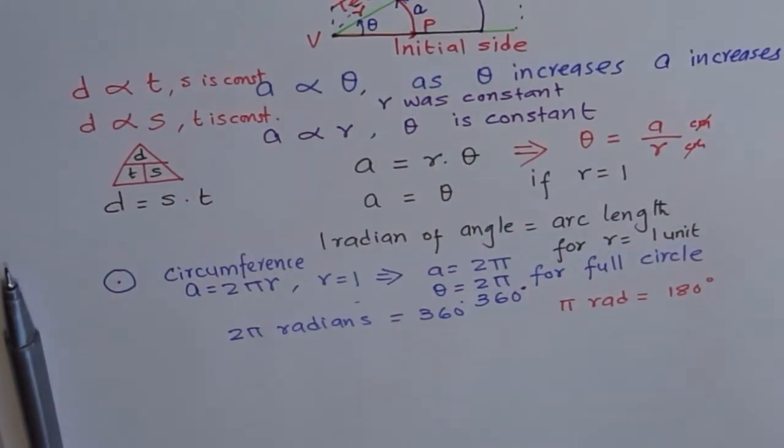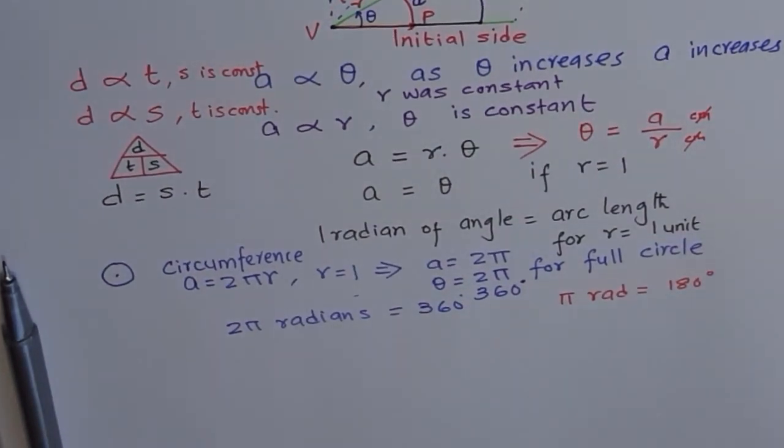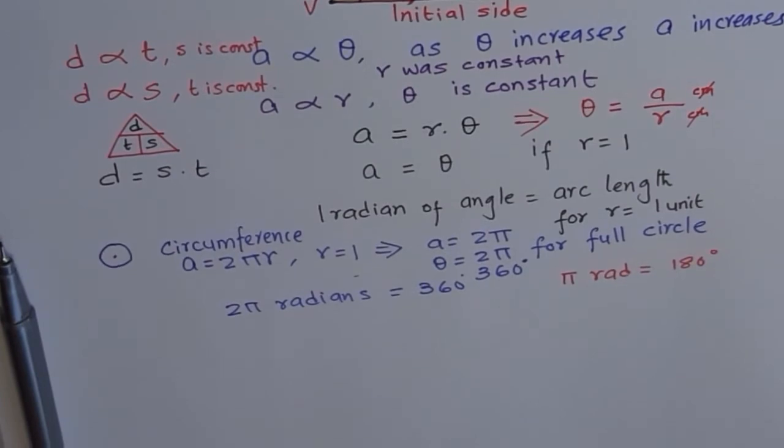So that's another relationship: pi radians equals 180 degrees, correct? We can use this formula to convert degrees to radians and radians to degrees, and we will see that in the next video. I hope you understand the concept behind theta, the angle subtended by an arc at the center, and that angle is equal to the length of the arc if the radius is 1 unit.